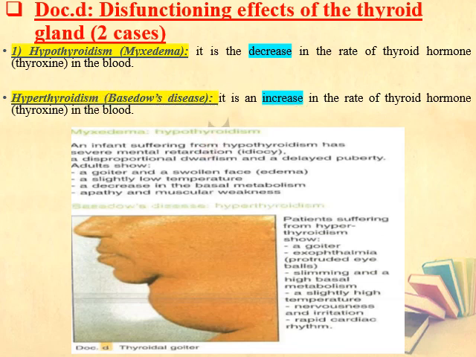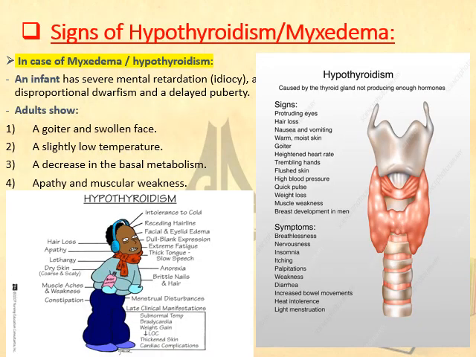Let us together see the signs or the symptoms of each of the two cases, hypothyroidism and hyperthyroidism. In case of myxedema or hypothyroidism, in other words, when the thyroid gland isn't secreting a good level of the thyroid hormones, if he's an infant, he will suffer from severe mental retardation, disproportional dwarfism and delayed puberty.